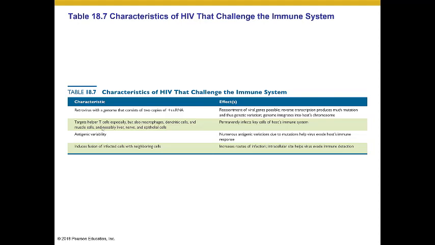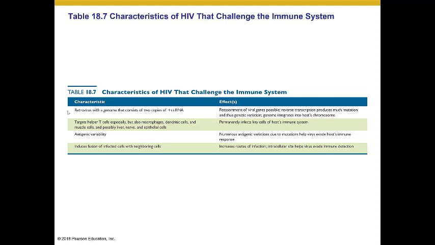So while your immune response upon initial infection of HIV can work, and one of the web links that I posted talks a little bit more about this, you can have a successful immune response against HIV at first.